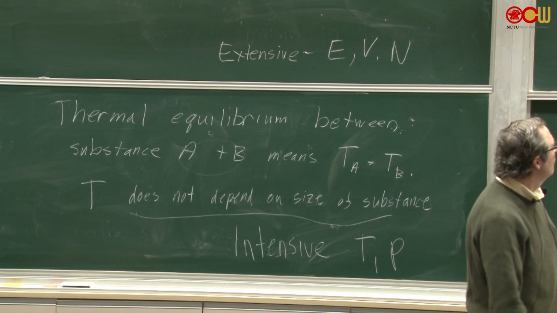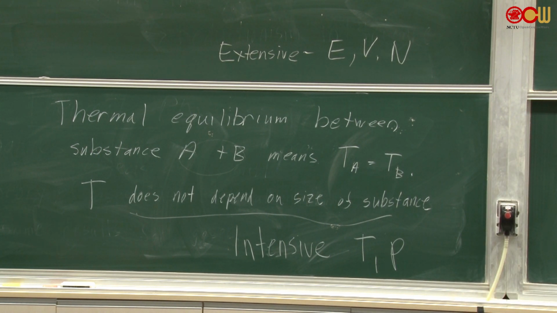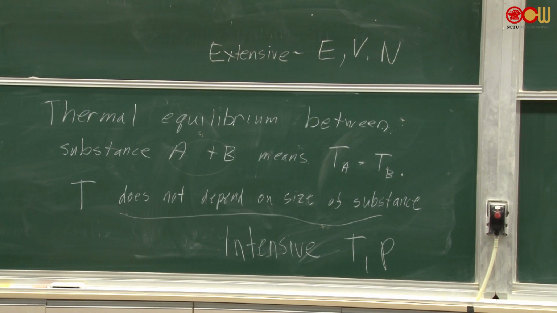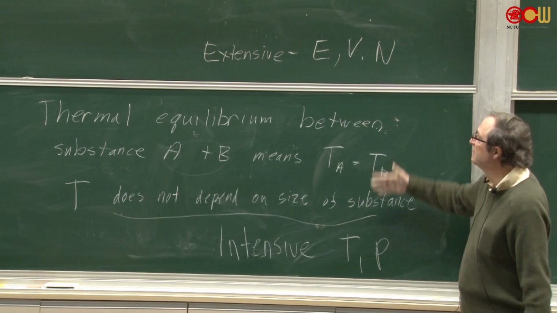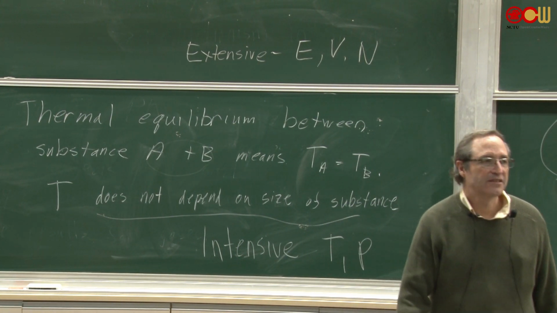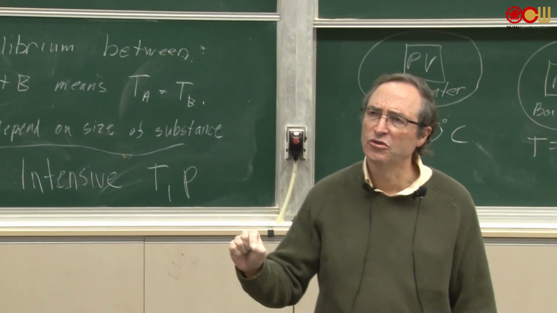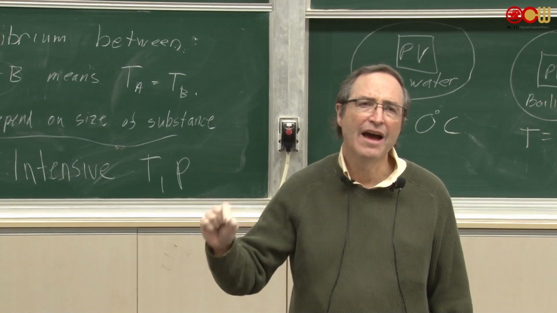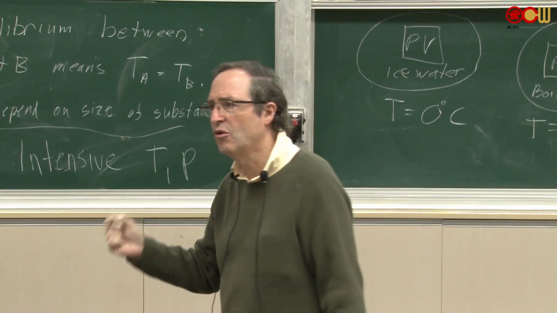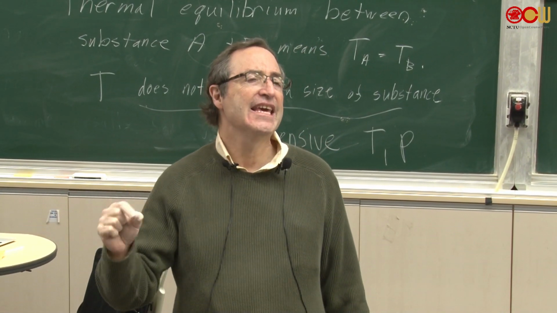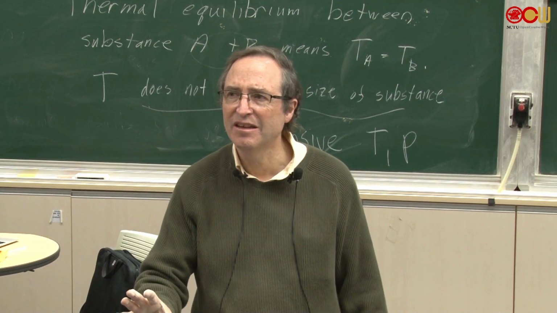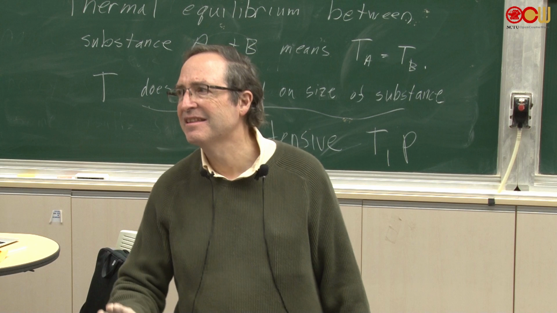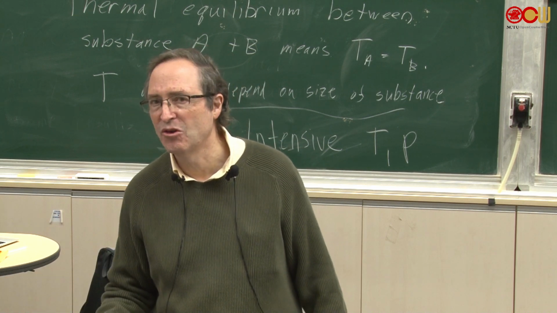So I think that's most of the quantities. We'll see some others later on. Okay. So that's very important. This idea that temperature, pressure is intensive, and those others are extensive. Every quantity you introduce, every one, we have to look at whether it's intensive or extensive. The key idea of intensive quantities is they are a property of the system that does not depend on how much of the system you have.